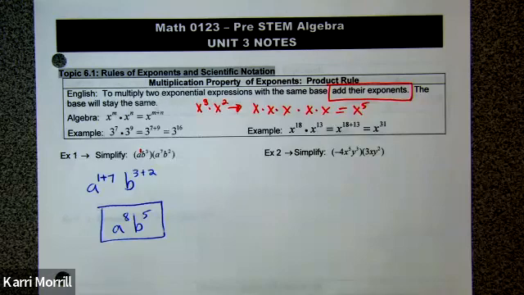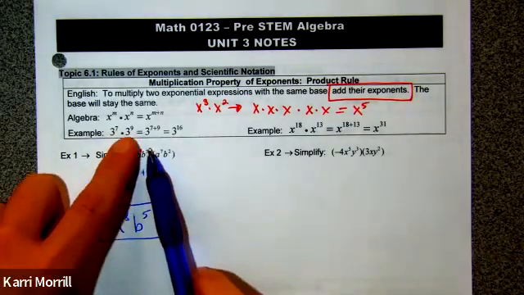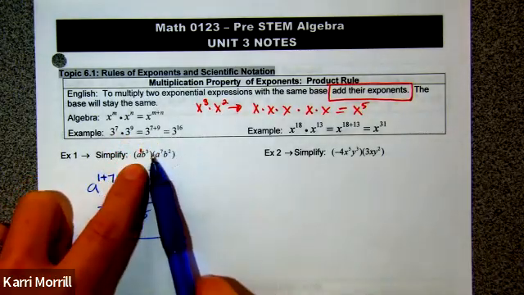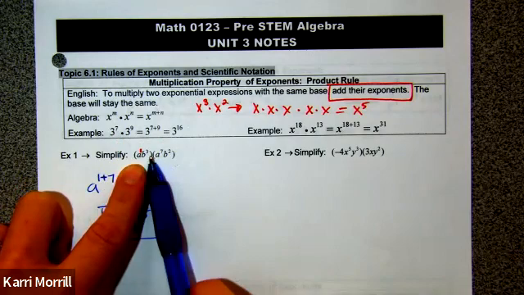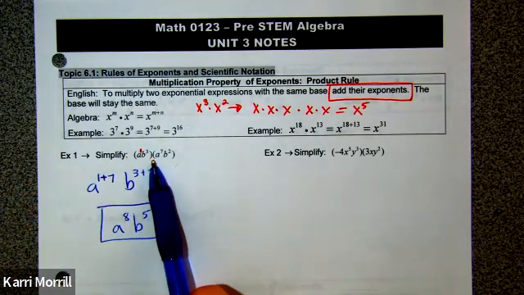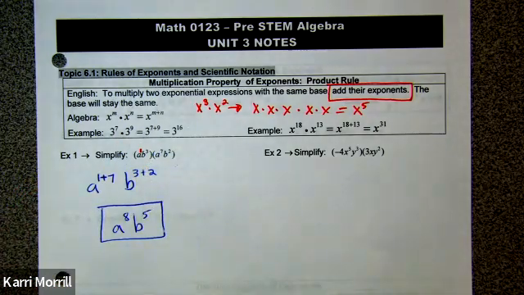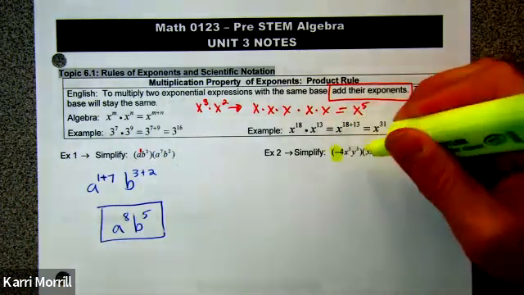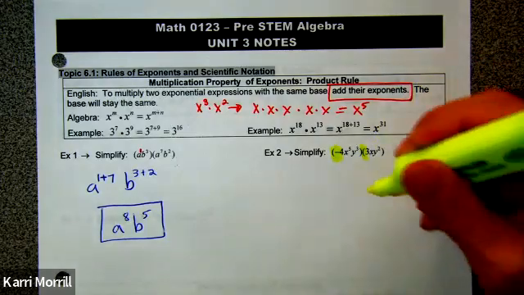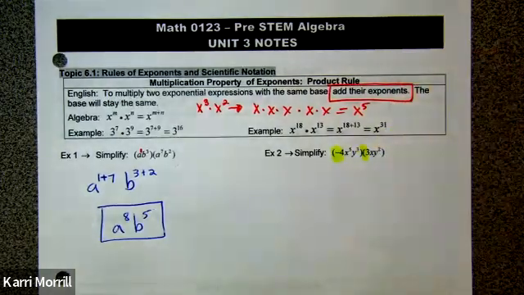So remember, the reason we know to do that is because I'm taking this term times this term. So there's nothing separating them, right? And that indicates multiplication of those variables. So we just want to see 1a and 1b in the end in our solution. Sometimes you will have numbers out in front that actually get to be multiplied, like that -4 times 3. So multiplication really does happen when it's a coefficient, or the numbers in front of those letters.